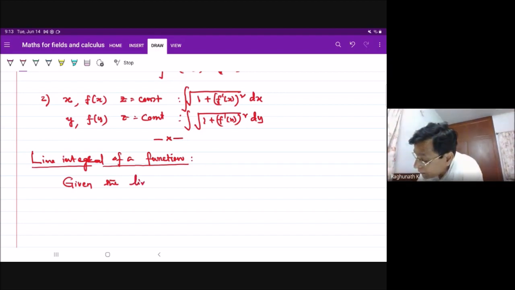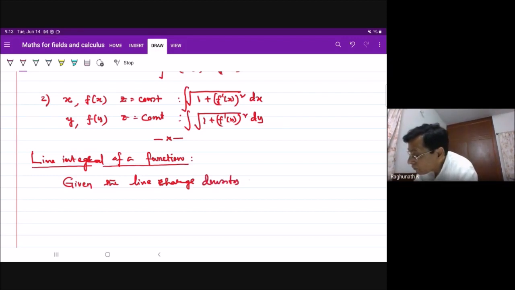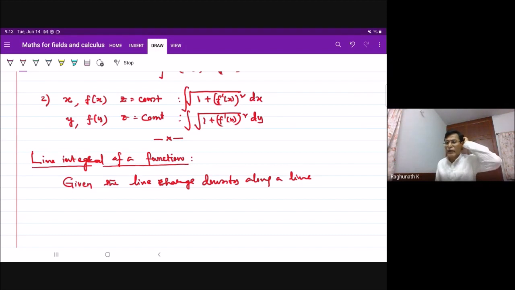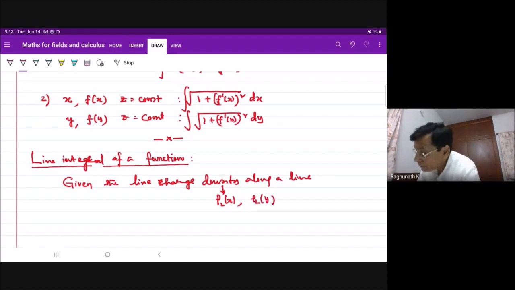Given the line charge density along a line, line is a curve, it can be. Line charge density can be rho L of x or rho L of y. I can write, listen, rho L of x.